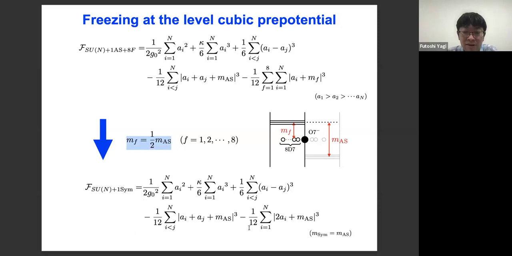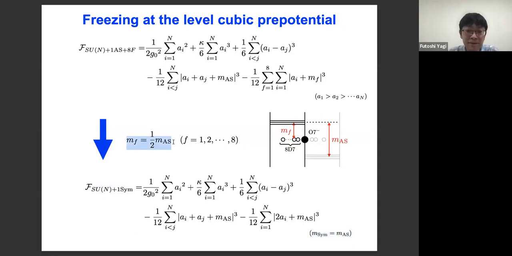What I observe is that the obtained prepotential agrees with the prepotential of SU(N) with one symmetric, where we identify the symmetric mass as the antisymmetric mass. So at least this naive observation of some equivalence up to tuning, like O7 minus plus 8 D7 and O7 plus, can be confirmed at the level of this cubic prepotential if we tune the mass by hand.